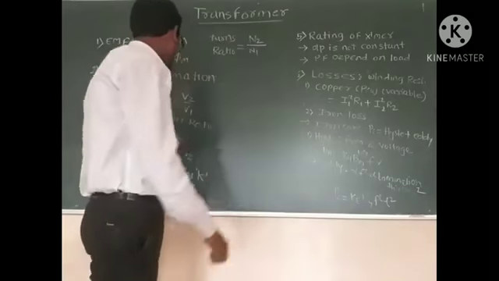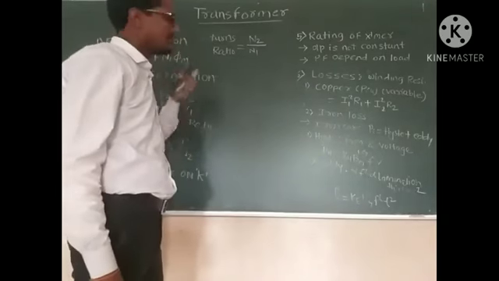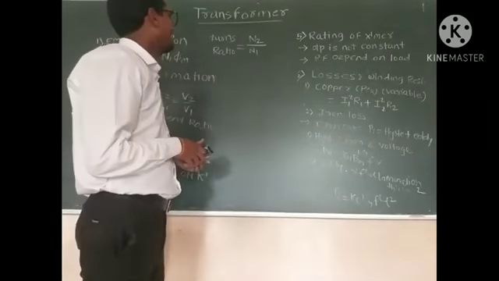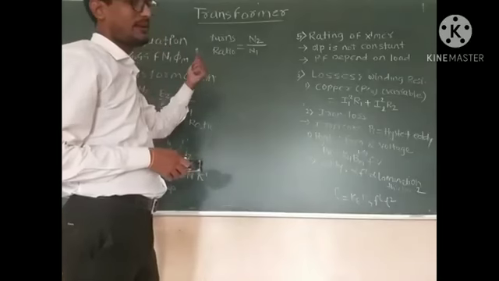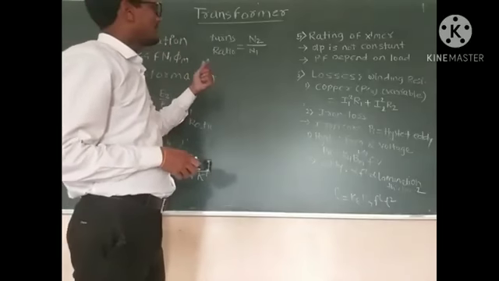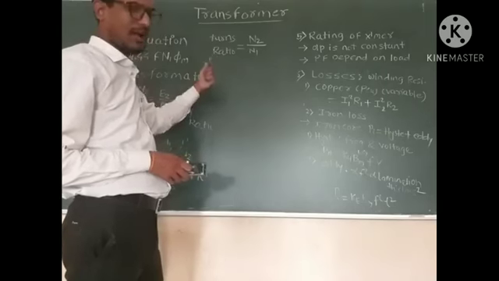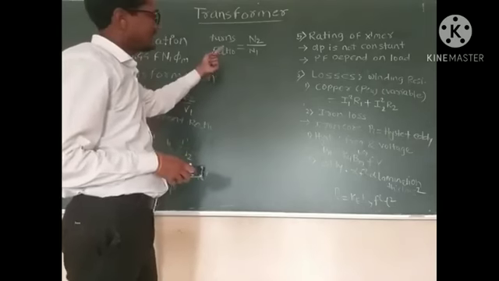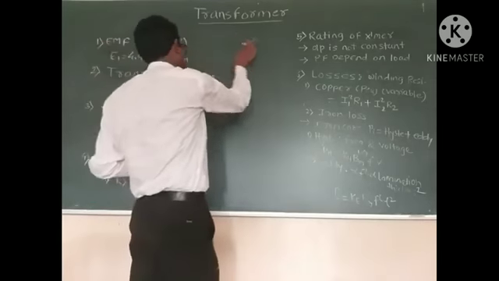So it is a very simple definition of turns ratio, voltage ratio, and current ratio. Voltage ratio is V1 upon V2, current ratio is I1 upon I2, and the turns ratio is N2 upon N1.